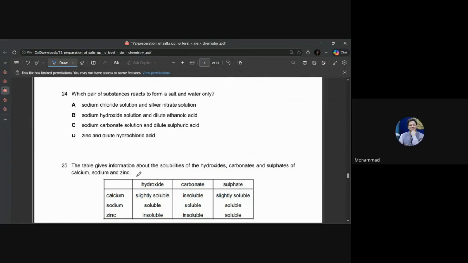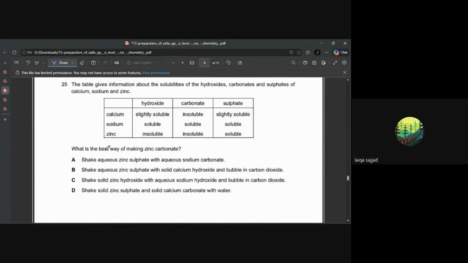B, sodium hydroxide and dilute ethanoic acid. Very good. Because we know that we get salt and water only in neutralization reactions. Option B is a neutralization reaction. It has one base and one acid, so it will give us only a salt and water.